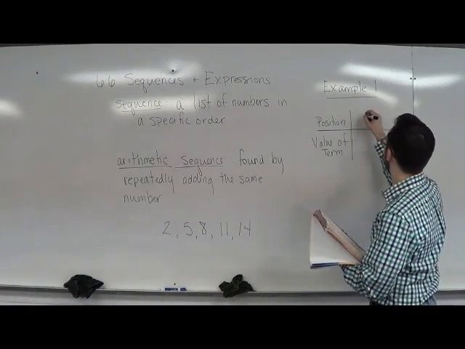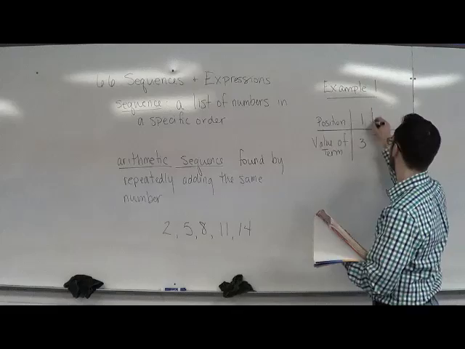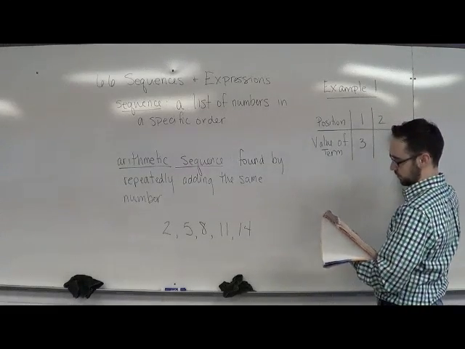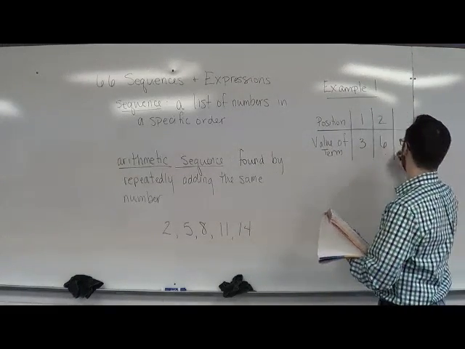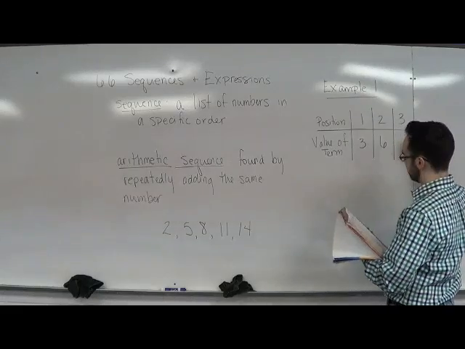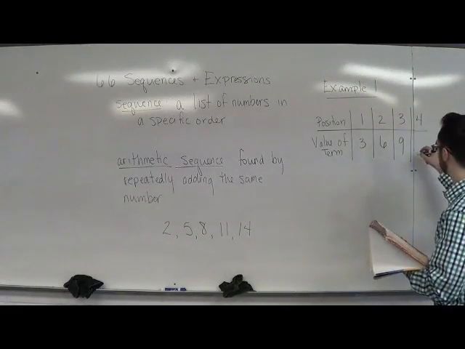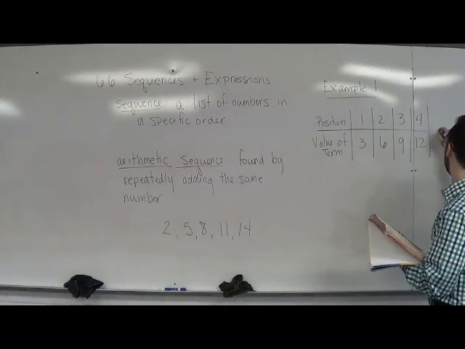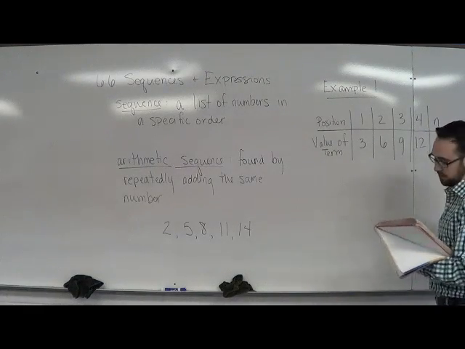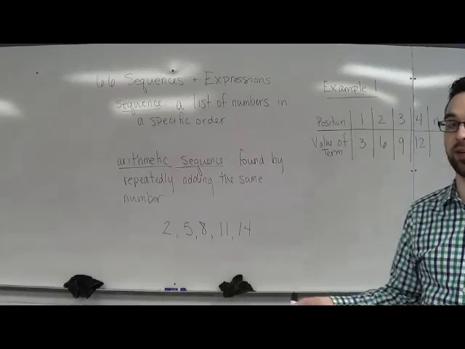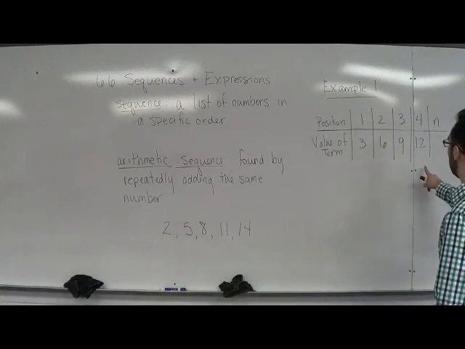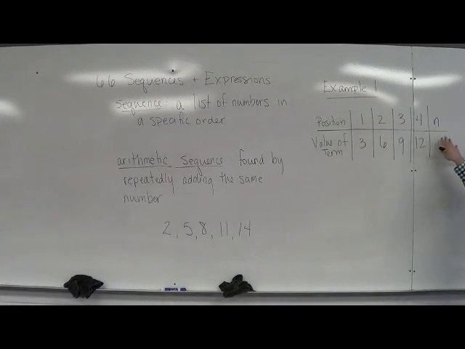So we have position number 1, the value is 3. In position number 2, the value is 6. In position number 3, the value is 9. In position number 4, the value is 12. And then in position number n, we're looking for what that is. So what we're looking for is what are we doing each time to get this. So we're going to make that as a function.